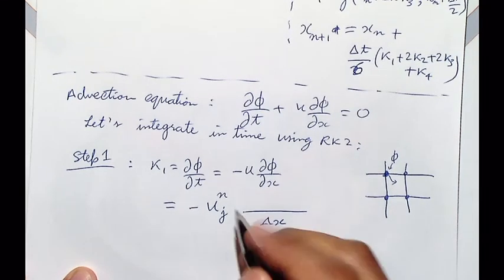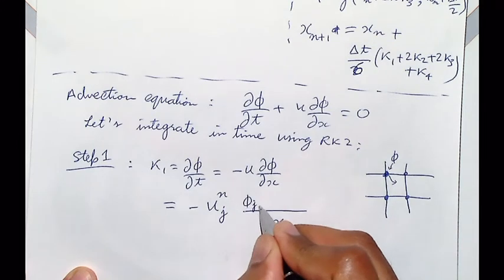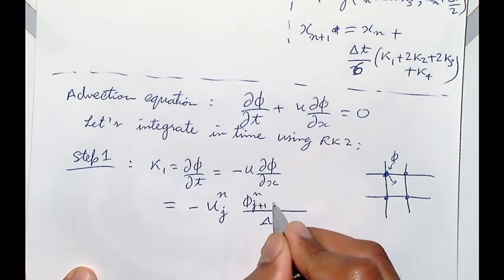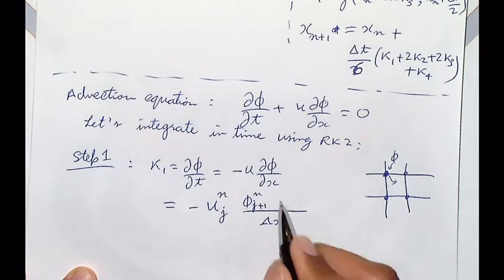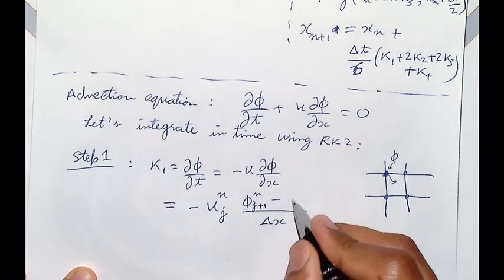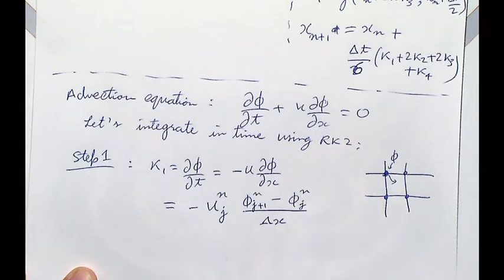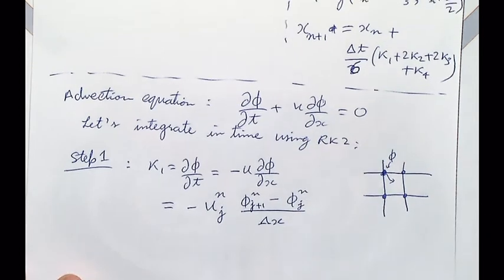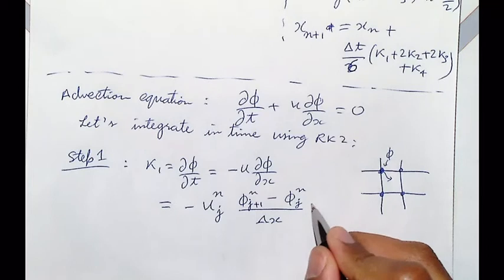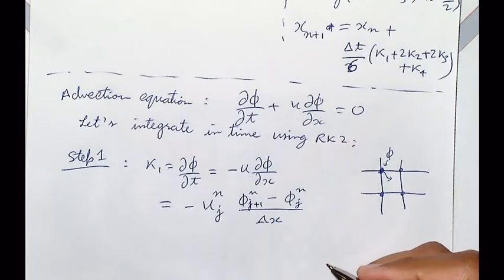Phi j plus 1 at n, minus phi j at n, or phi j minus 1? Which one? So should I put a minus 1 here? Was that second order? That would be center difference. Center difference, second order, yeah.